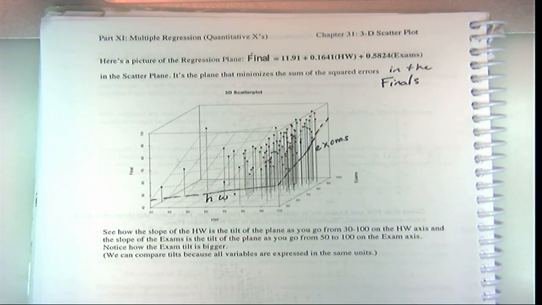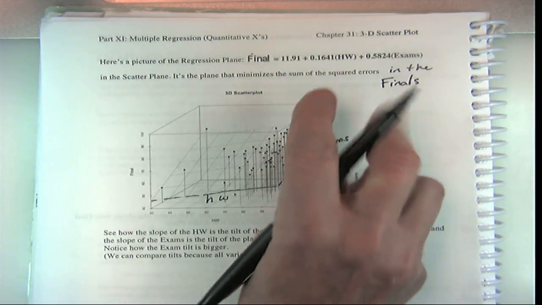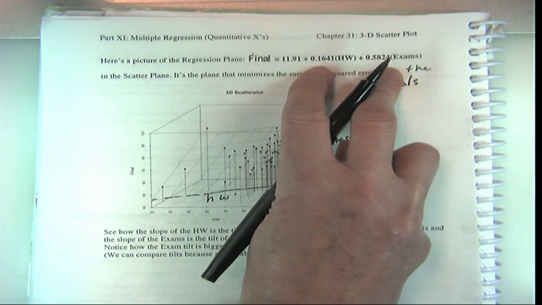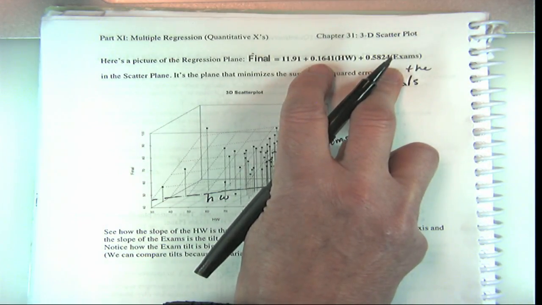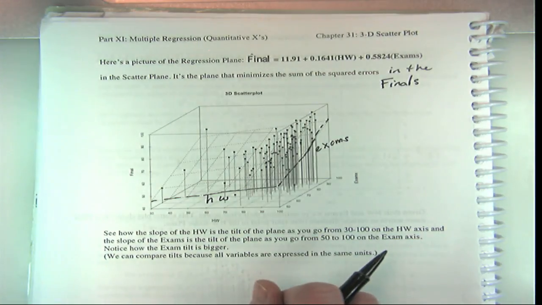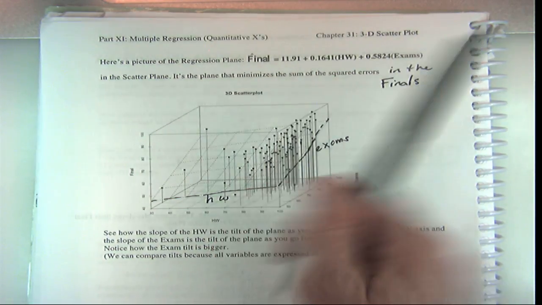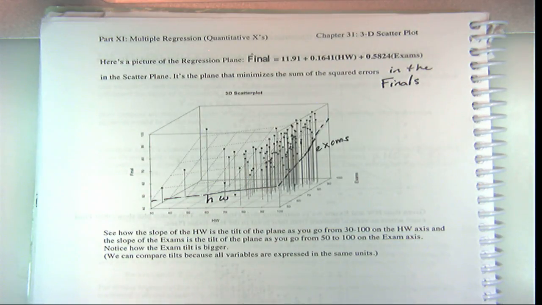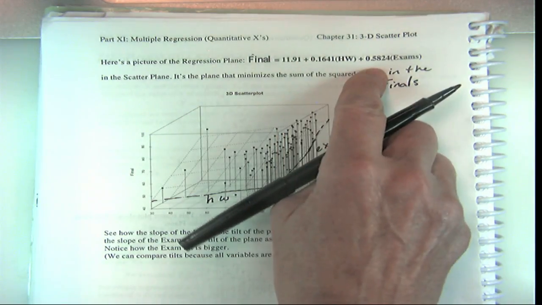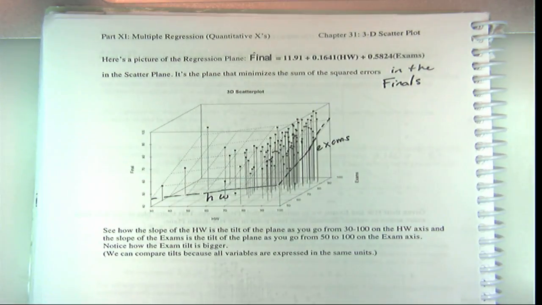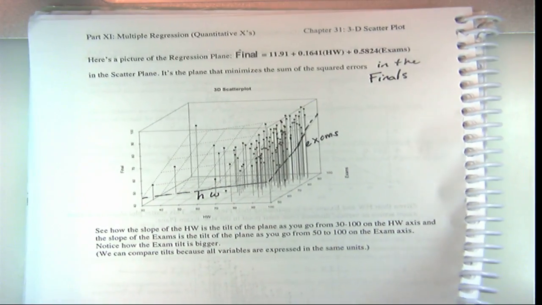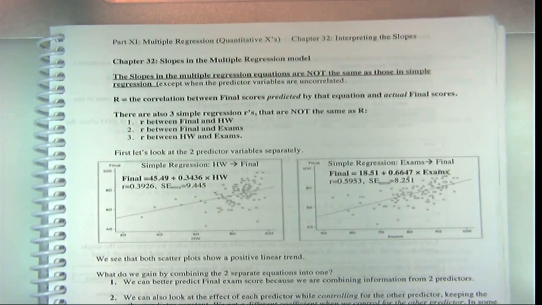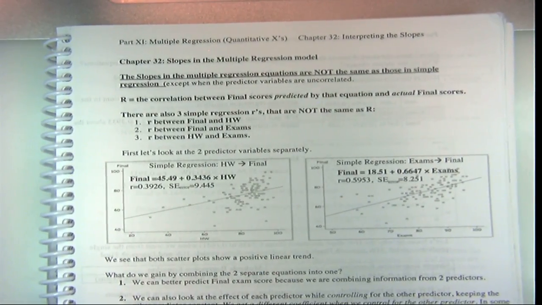So now we're going to look at where these slopes come from, because they're not the same as the slopes in the simple regression, the slope for homework alone predicting final and exams alone predicting final. We're going to look at how we arrive at these slopes in the multiple regression equation. That's what we'll do next. So, slopes in the multiple regression model.